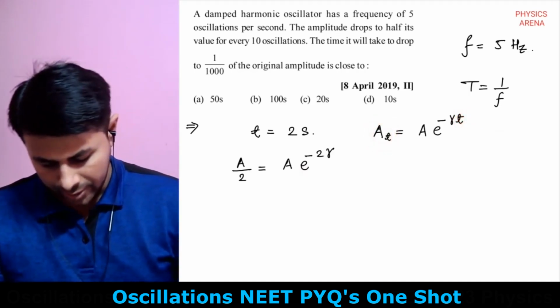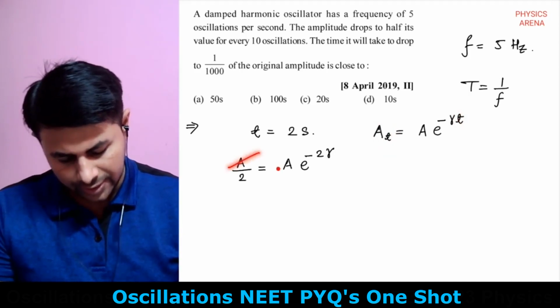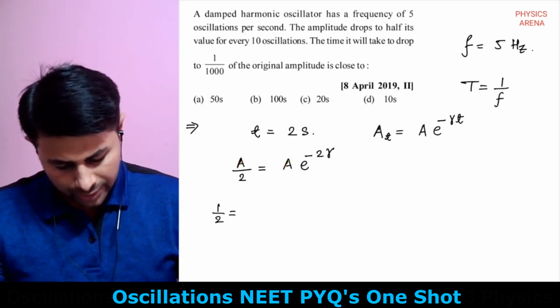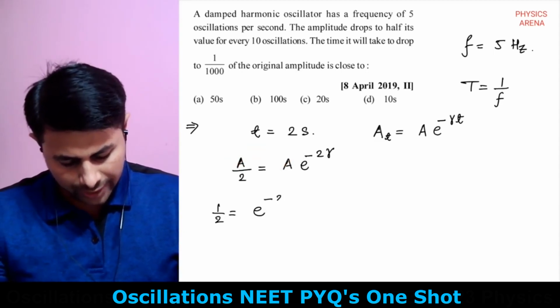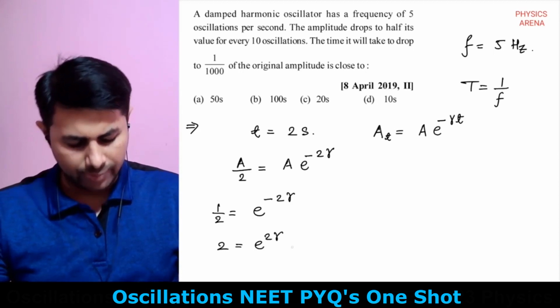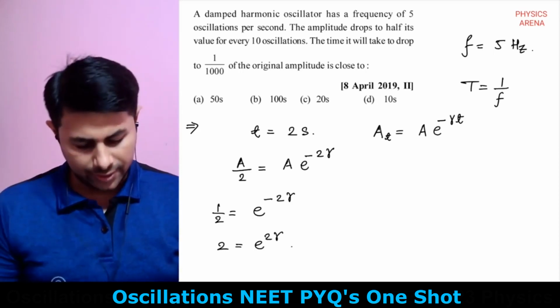A and A get cancelled, so we get 1 by 2 is equal to e raised to minus 2 gamma, or 2 is equal to e raised to 2 gamma.